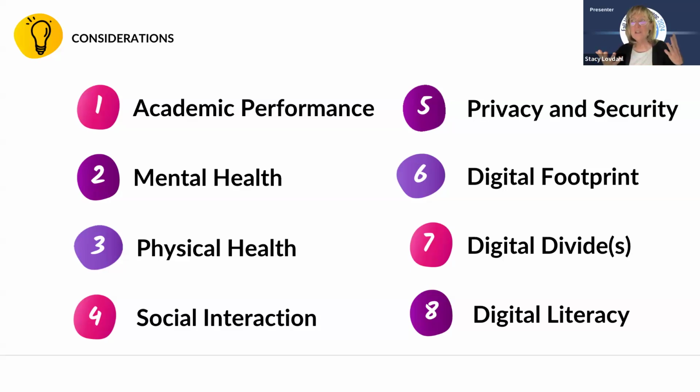with a little bit more information, we know that just giving kids access to digital tools without any guardrails and without any guidance is not the best idea, because we know that it has an effect on academic performance and mental health and physical health and their social interaction. So how can we do this in a way that takes all of our knowledge and experience into effect?